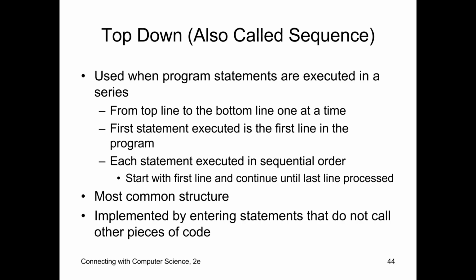And this is the most common structure, and that's now falling out of favor more and more. It is implemented by entering statements that don't call other pieces of code. So you're saying, oh well, I've got to calculate tax, so I'm just going to calculate the tax right in line. And now I've got to add discounts, and you do that all in line. So all of it's done in one piece of code from the top down.